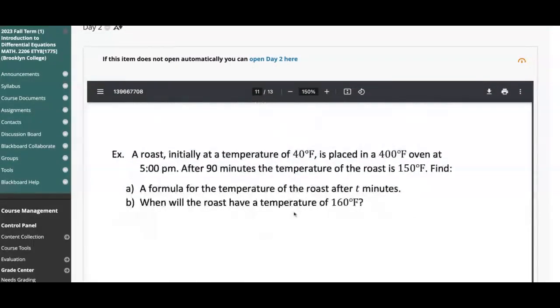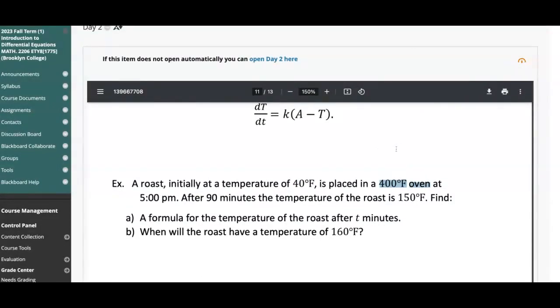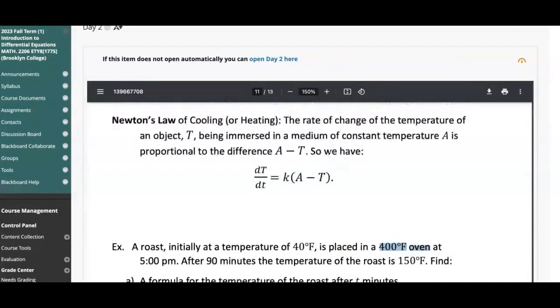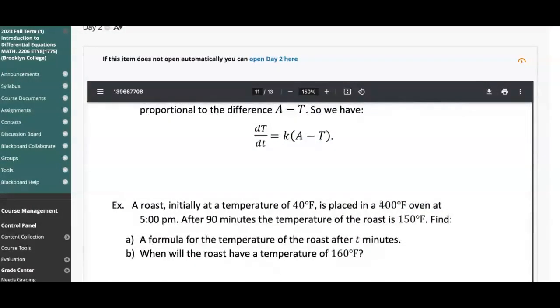Let's see this example. A roast initially at a temperature of 40 degrees Fahrenheit is placed in a 400 Fahrenheit oven. You see which one is T and which one is A? A is the temperature of the surroundings, so in this case A is the oven temperature, 400 degrees Fahrenheit.